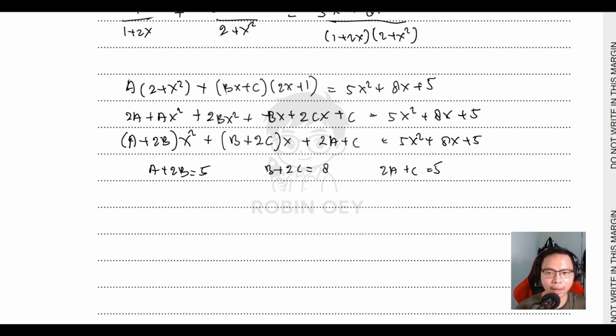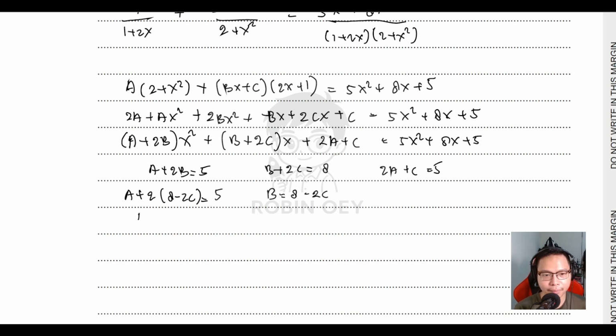So we just have to eliminate. Let's say I am using b equals 8 minus 2c. And then I'll just substitute that into a plus 2 times (8 minus 2c) equals 5. Okay.